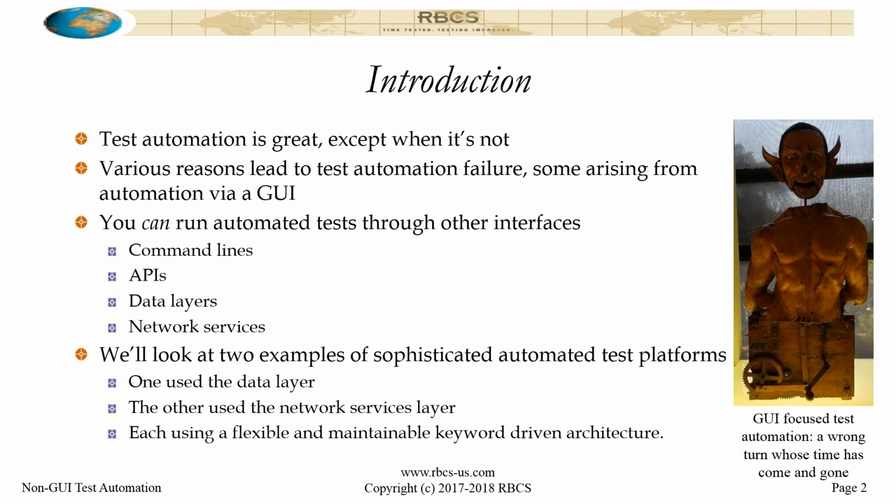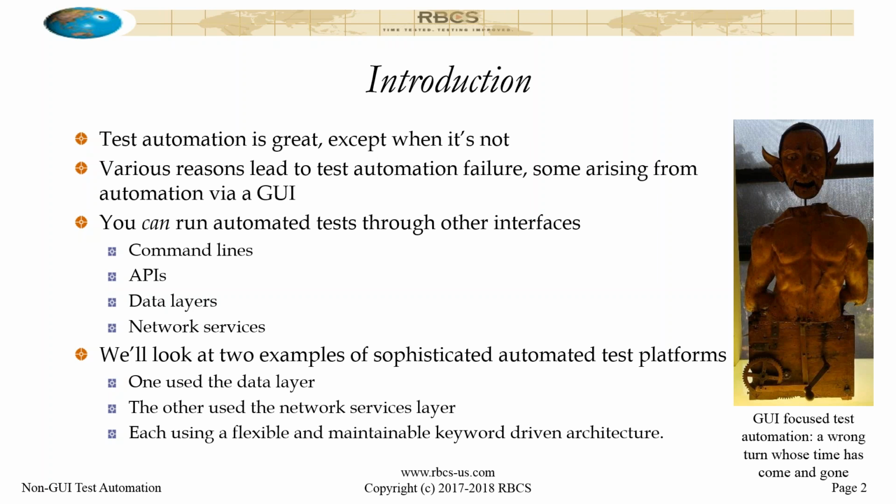Now, I've got nothing against automating at a graphical user interface where that's the right interface to automate at, and where it is done appropriately. But what I do think was a massive wrong turn in our industry was when in the mid to late 1990s, there all of a sudden became this accepted wisdom regarding test automation that if you weren't doing it through the same interface that your user was using, you weren't properly testing.